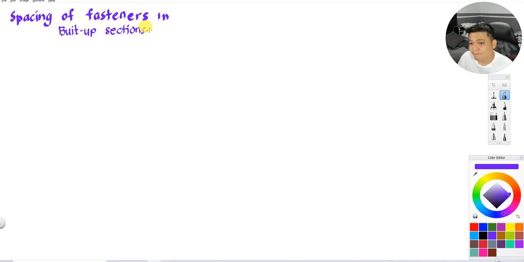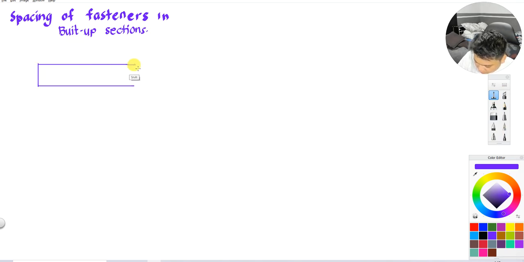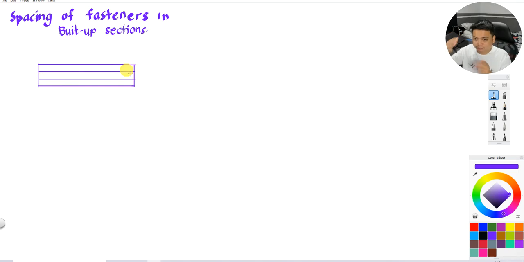So, tinatawag yung mga bolts o kaya mga rivets. Pag sinabi nating built-up sections, for example, meron akong wood plank. Yung una nating example, let's say yan yung beam mo na wood plank. Tapos, meron kang patong-patong. Okay.